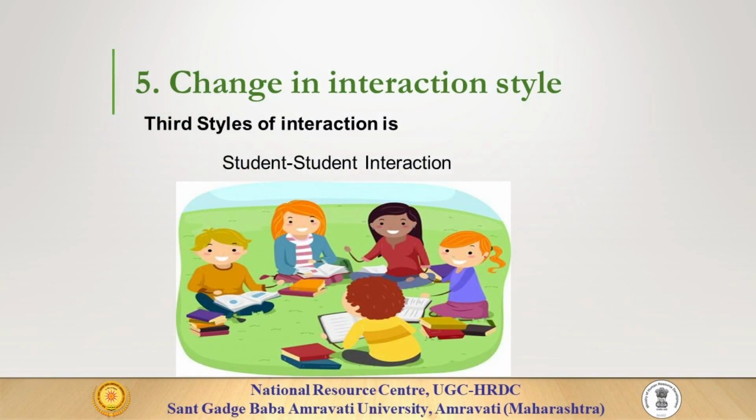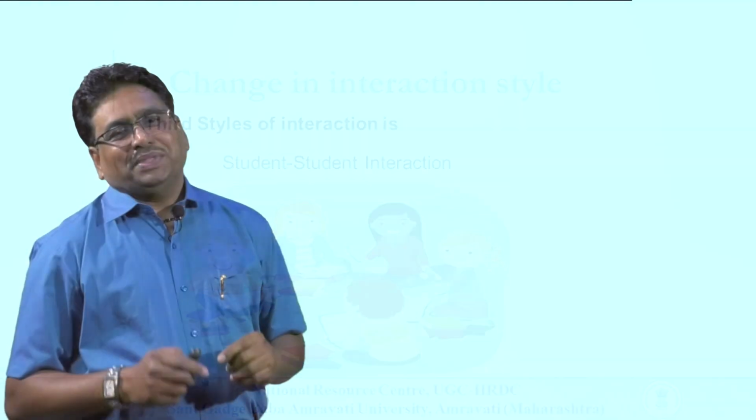In this style, a teacher puts a question to one student and, without commenting, redirects the question to another student. The teacher encourages student-student interaction and involves them in the discussion. In this interaction, all students are active and only the teacher is a passive listener.